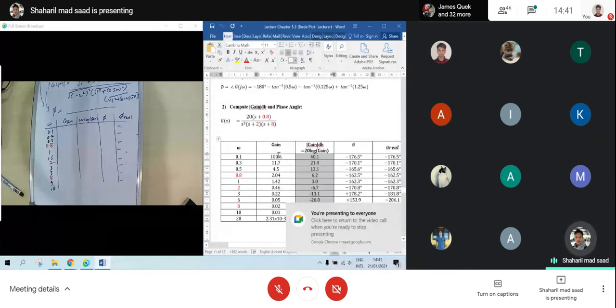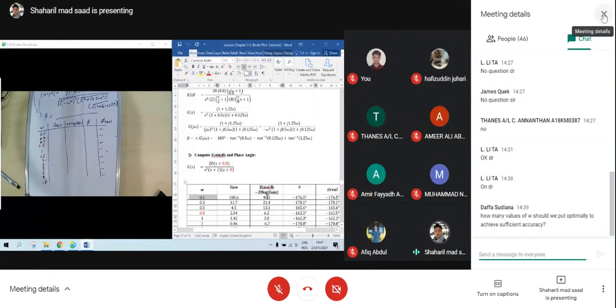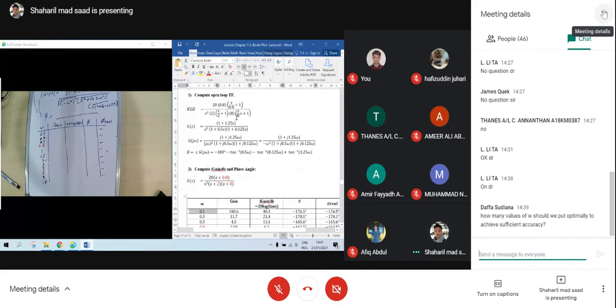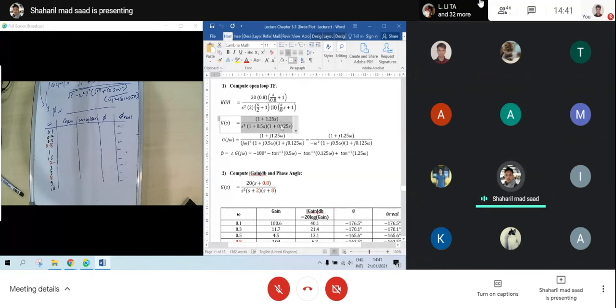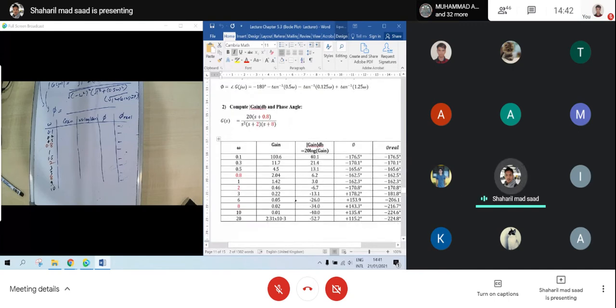That means 20 log the value from here, not 20 log the value from here, otherwise you get the incorrect answer. Or you can double check if you put the formula in your calculator, to see whether the value is correct. Or you can double check with your friends.